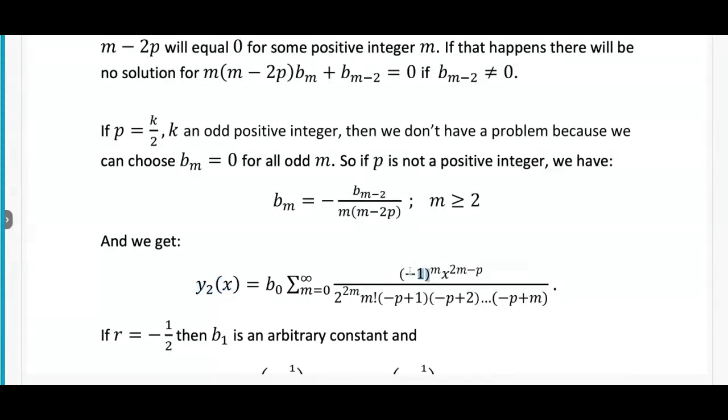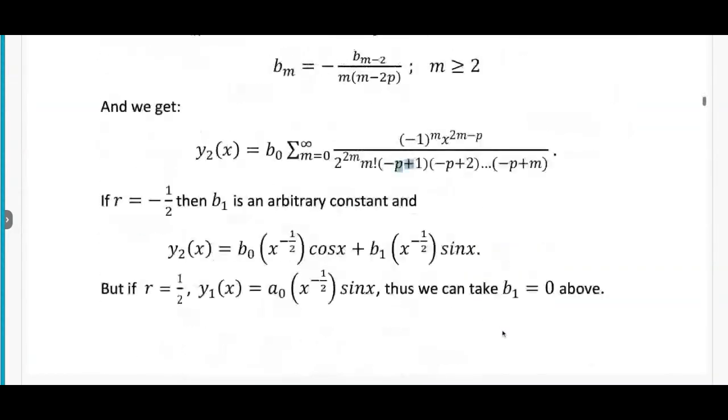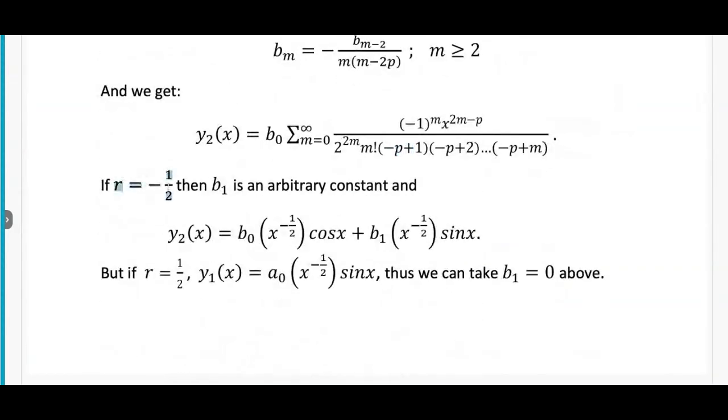So the previous one, for all the positive p's, now it's just changed to negative p. So they become 2m minus p. We still have 2 raised by 2m and m factorial, but this becomes negative p plus 1, or 1 minus p, 2 minus p, up to m minus p. We'll have to deal with this case separately.